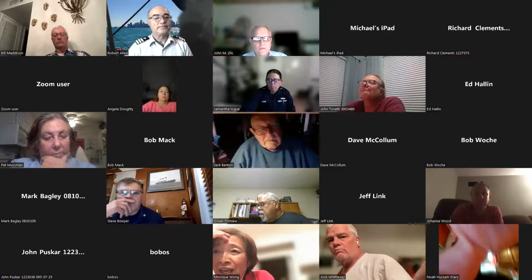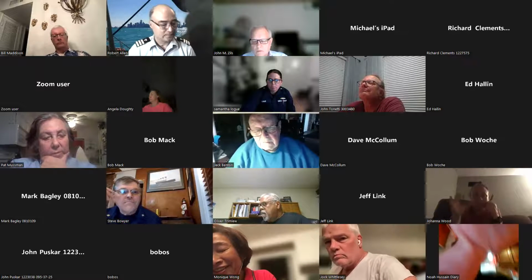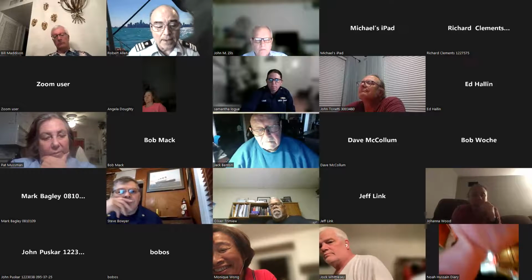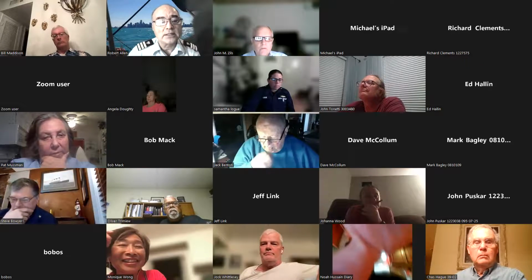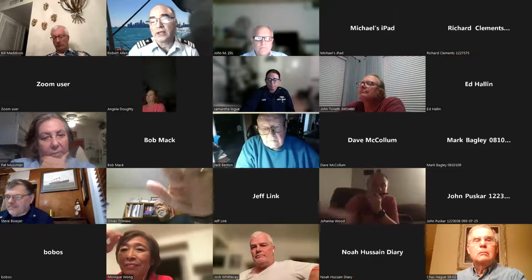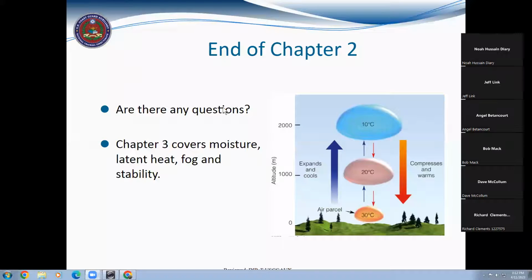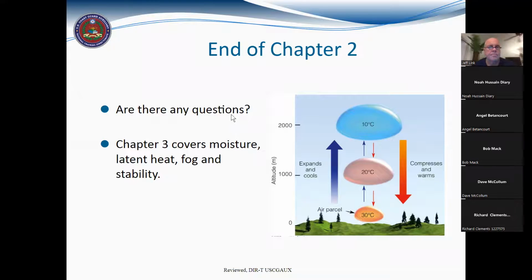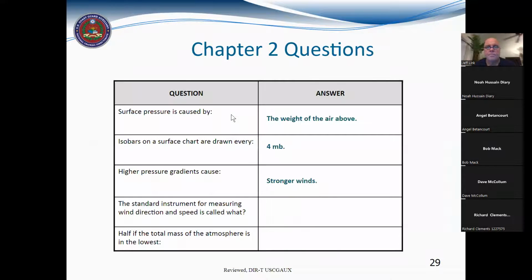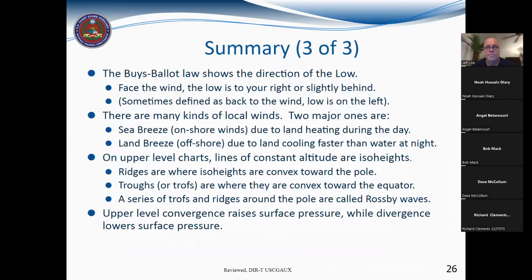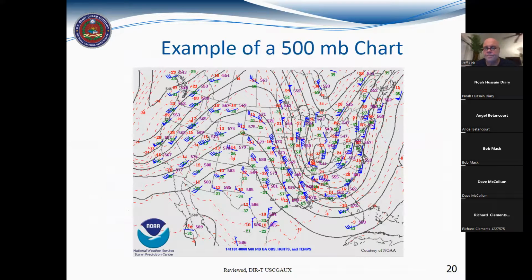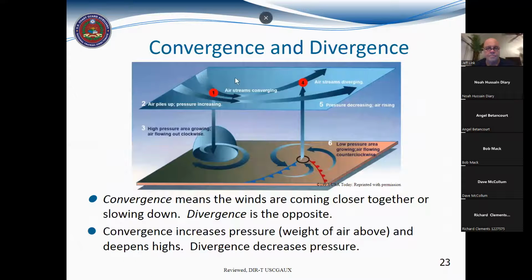Bob, could you explain the divergence and the convergence again? Please. That's an excellent question. This is a very complicated topic, divergence and convergence. What's happening in the upper atmosphere is you have parcels of air moving across at high altitude, in the mid-level of the atmosphere, say 18,000 feet.